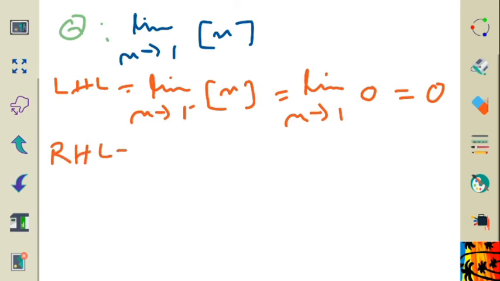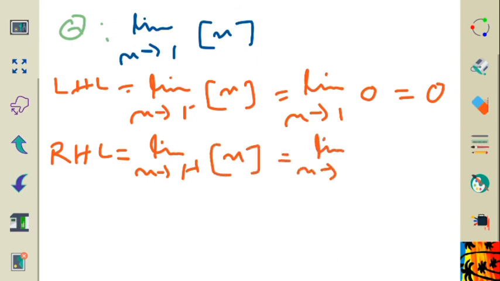But if I take the RHL, limit x tends to 1 plus of the greatest integer of x, now x is slightly more than 1, because 1 plus means slightly more than 1. Suppose I ask what is the greatest integer of 1.2, it is 1. Similarly, the greatest integer of 1.3, slightly more than 1, is 1, right?